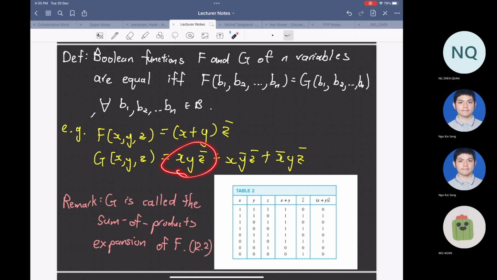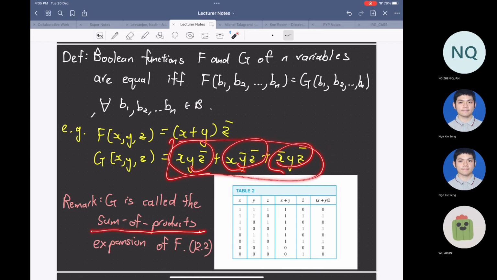You can see that here are all the products, and then you take the sum of them. So sum of products expansion. But here it is not, here is just some products.